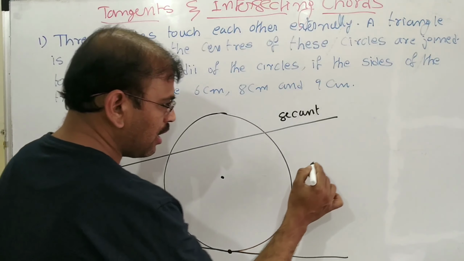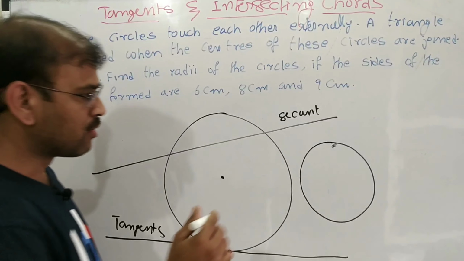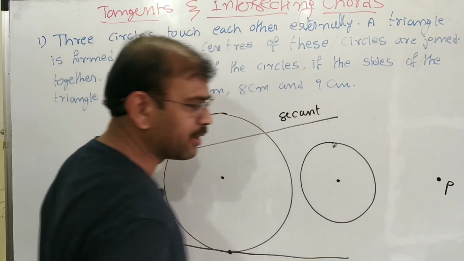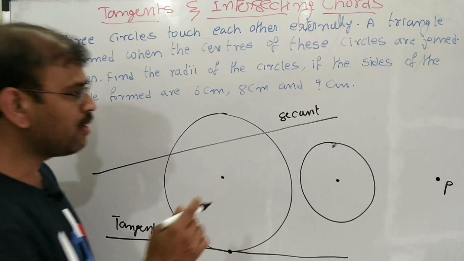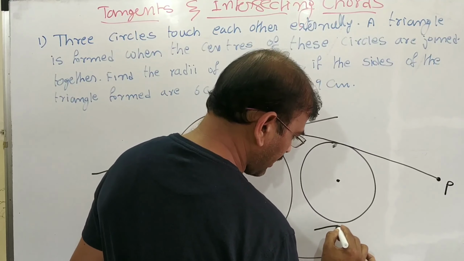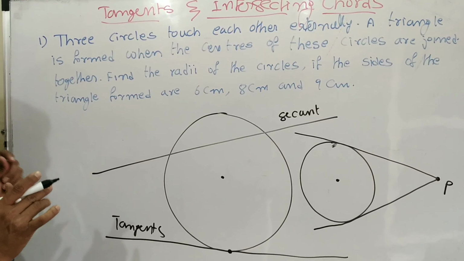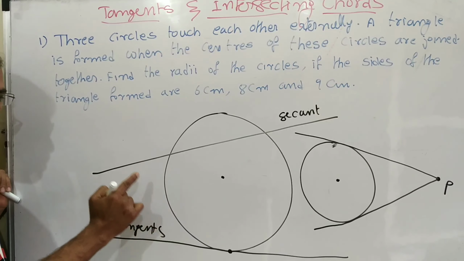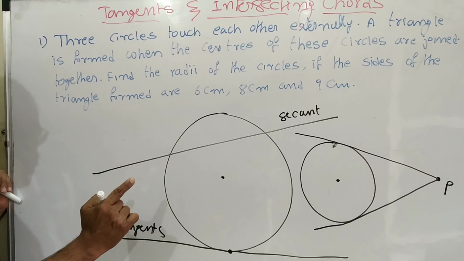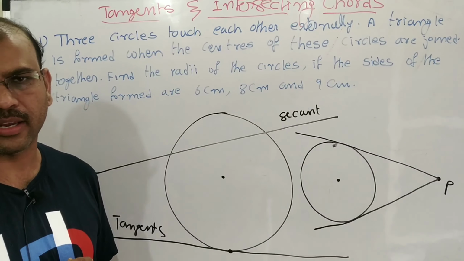Now similarly, consider one circle. For this circle, from the exterior point P, I can draw 2 tangents to the circle. That means, what do you need to understand? If a tangent touches the circle at only one point, then we can draw only one tangent there.